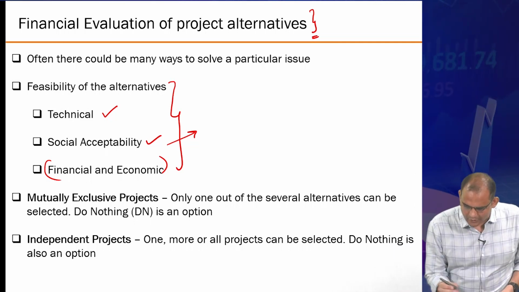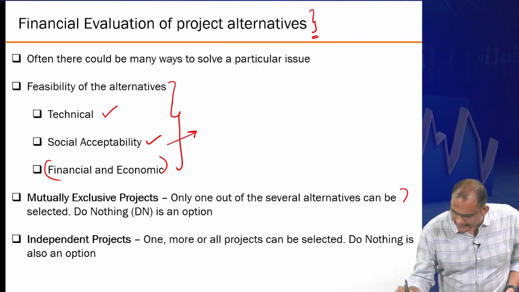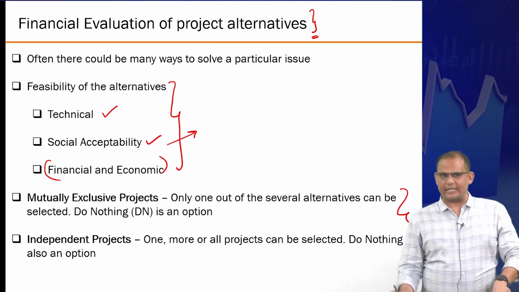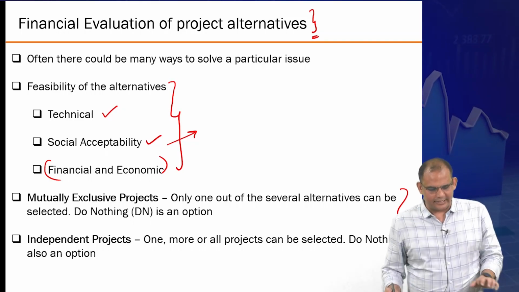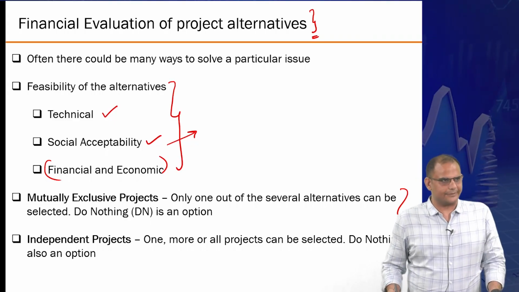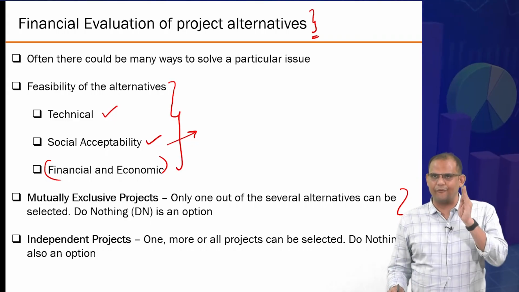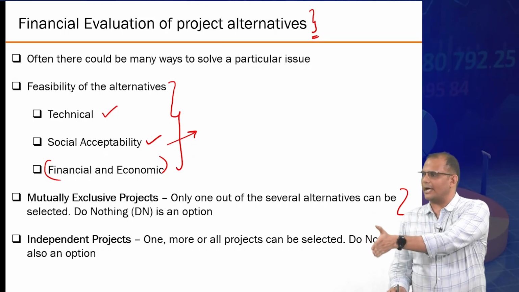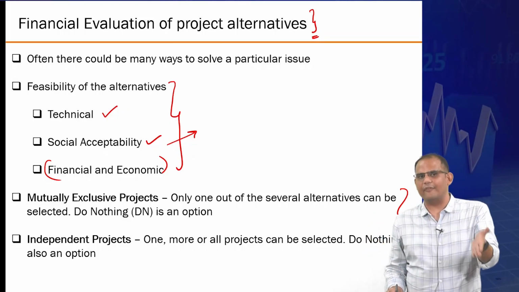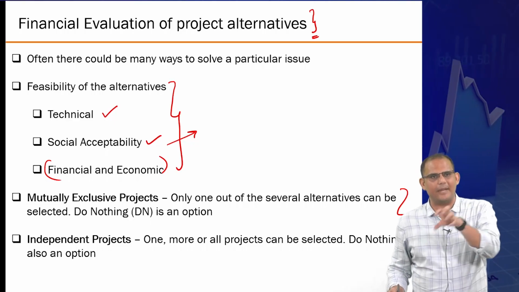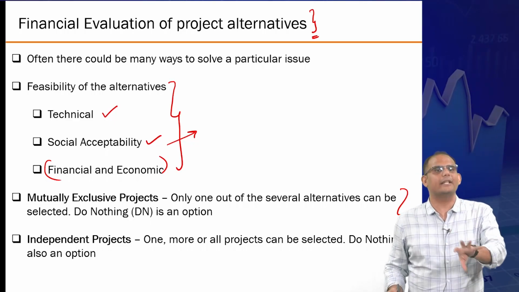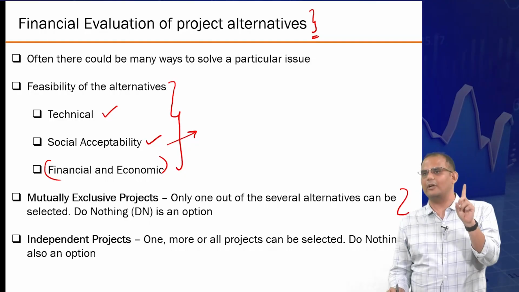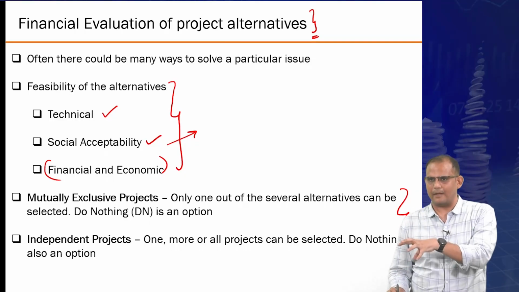Okay. There are also two types of projects or two types of alternatives that can be defined. One is mutually exclusive projects, which means that if you put money on one project, you cannot put money on the other project. By default, you putting money on one makes you exclusive to only that project. So you have to select only one alternative out of all, right?